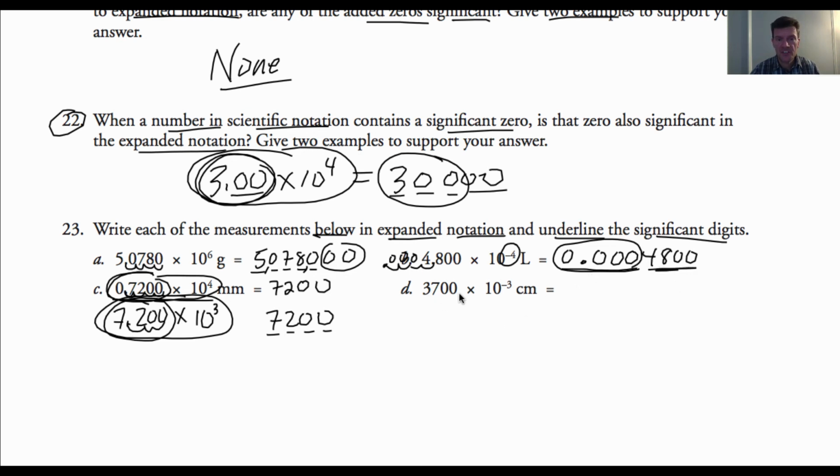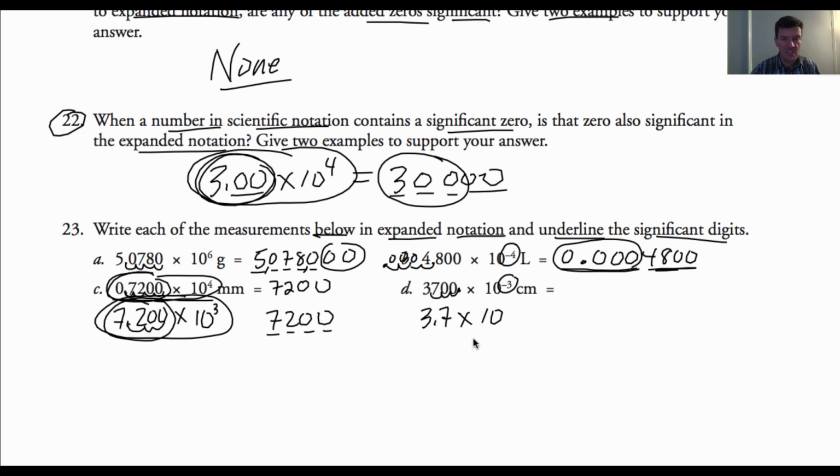And then 3,700 times 10 to the negative 3. Again, this is not in scientific notation. If we wanted it in scientific notation, we really should write 3.7 times 10. If I had negative 3 here, here's the decimal point. If I divide by 10 3 times, I would go 1, 2, 3.